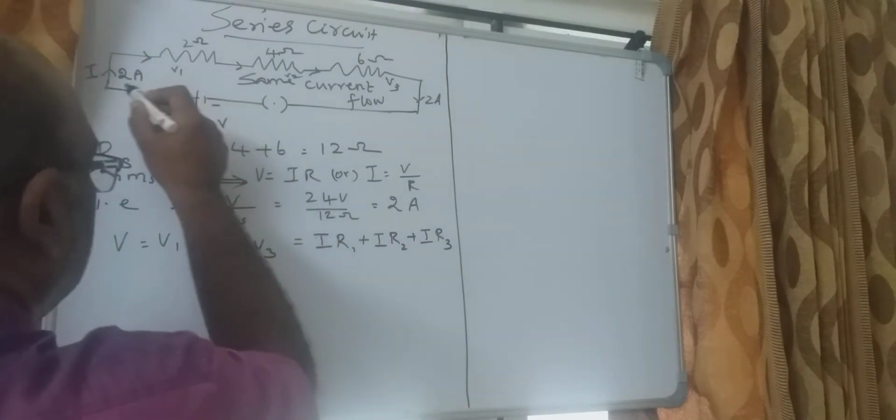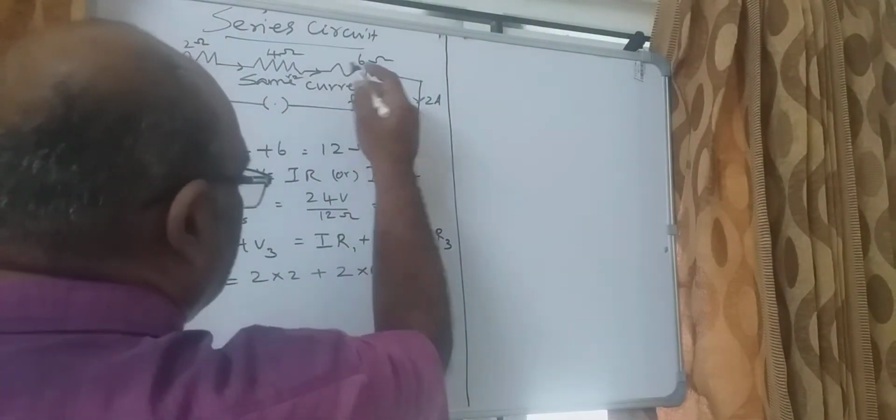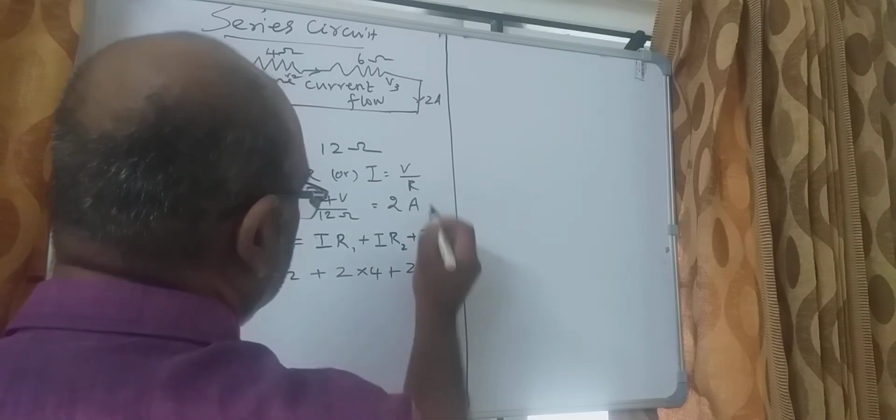So that is equal to I, which is 2, into the resistance 2, plus the current 2 into the resistance 4, plus the current 2 and the resistance 6.